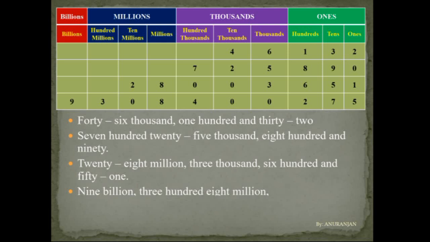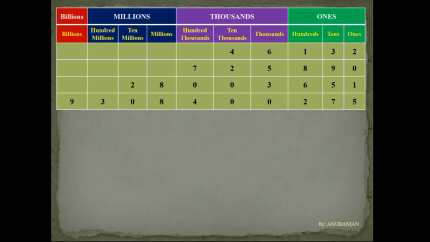After that we have 4 in 100,000s place, 0 in 10,000 place, and 0 in thousands place. So 400 means 400. So we can say 400,000. And after that we have 2 in the hundreds place. So 275. Is that clear?